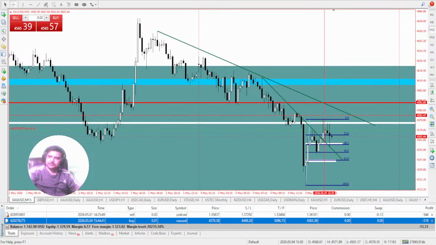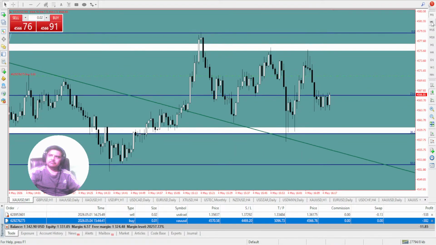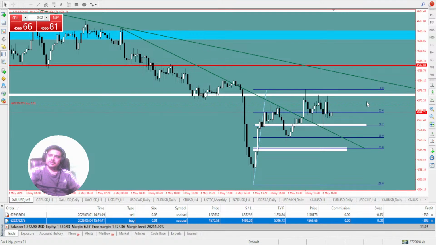See a lot of liquidity built up above this zone. So bulls will be trying to grab this liquidity first. And this entire week the market seems as if it will be as this.